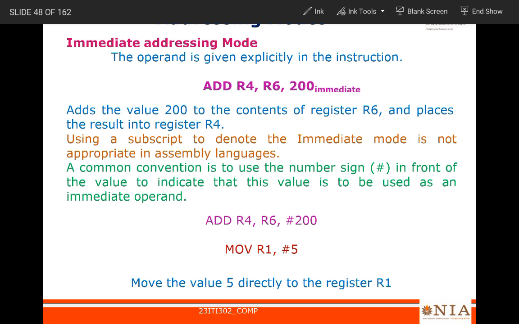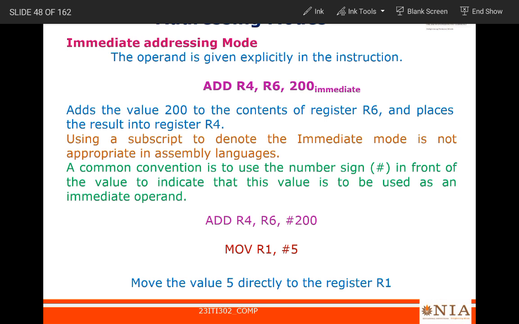The immediate addressing mode means that the operand is explicitly given directly in the instruction. For example, the instruction add r4 comma r6 hash 200.